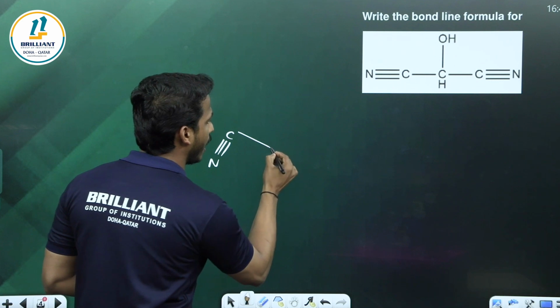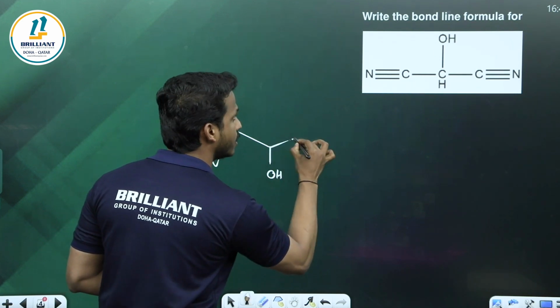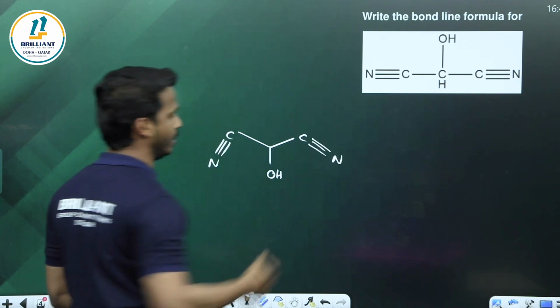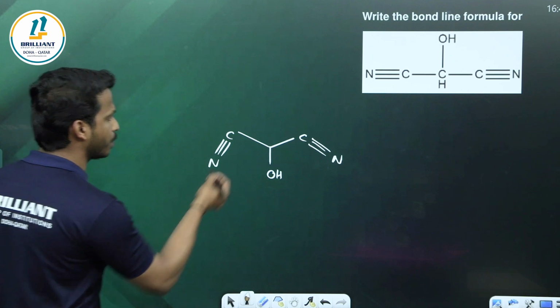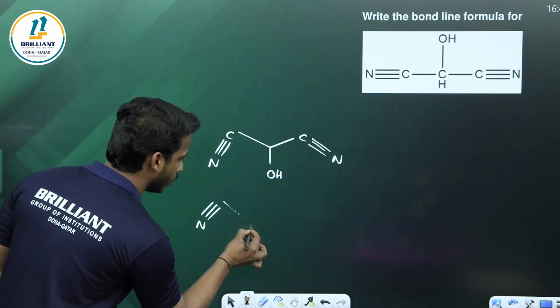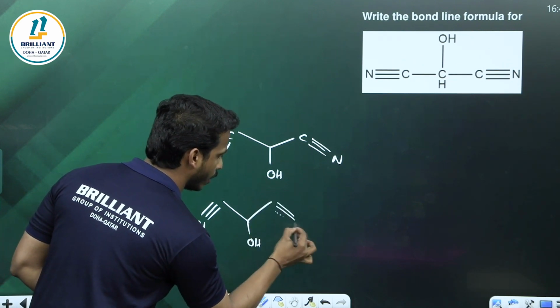This is C, and this is the CH carbon on which one OH group is there. This is another C on which triple bond N is there. Or we can express it as triple bond N, then OH, triple bond N.